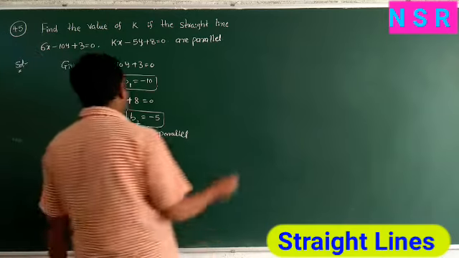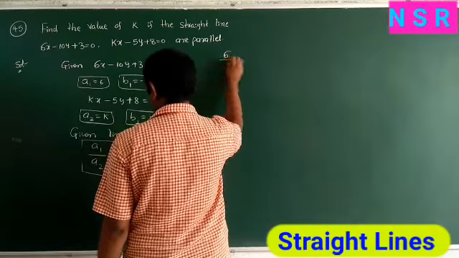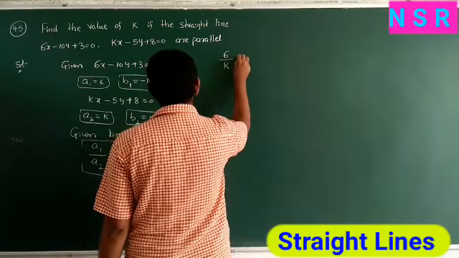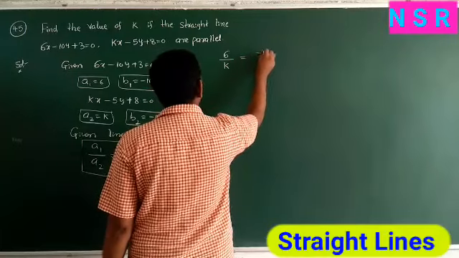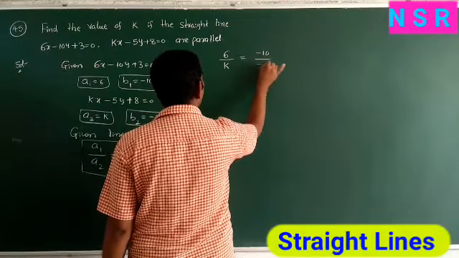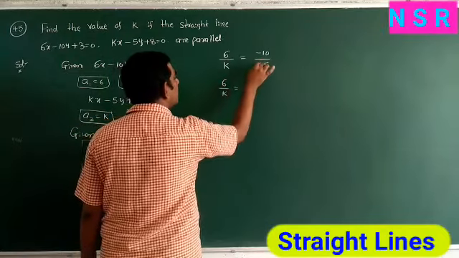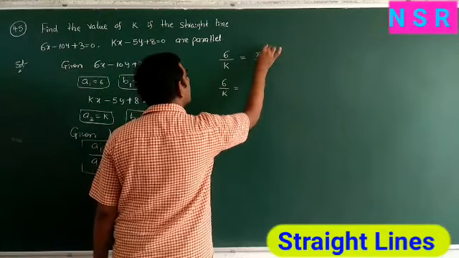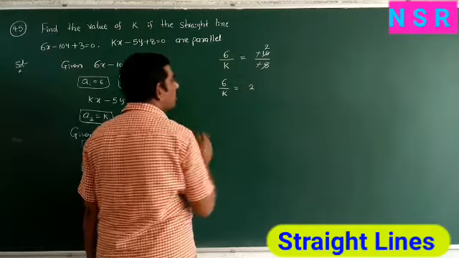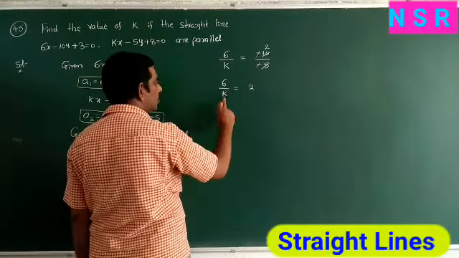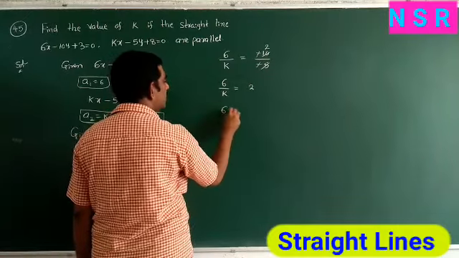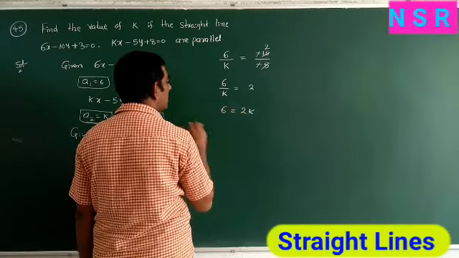Now substitute the values: a1 value 6, a2 value k, b1 value -10, b2 value -5. Now 6 by k equal to, here minus gets cancelled, 5 ones are 5, 5 twos are 10, so equal to 2 by 1, which is 2. So 6 equal to 2 into k, 2k.